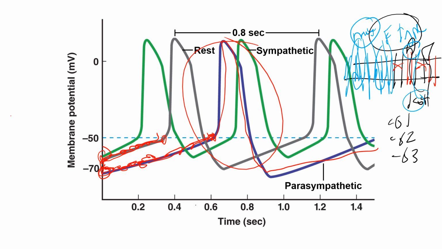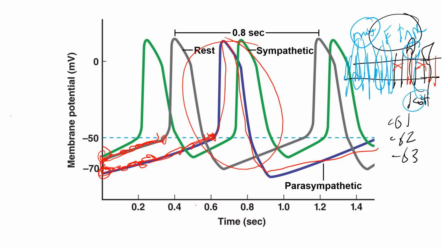Under a parasympathetic stimulus, they'll generate a much lower frequency of action potentials, and thus heart rate will be significantly lower. If the SA node fibers only generate 50 action potentials per minute, then heart rate is only going to be 50 beats, 50 total heart contractions per minute.